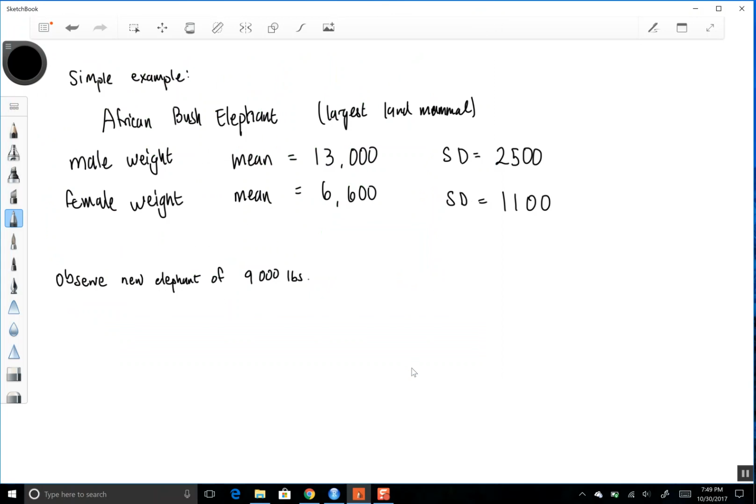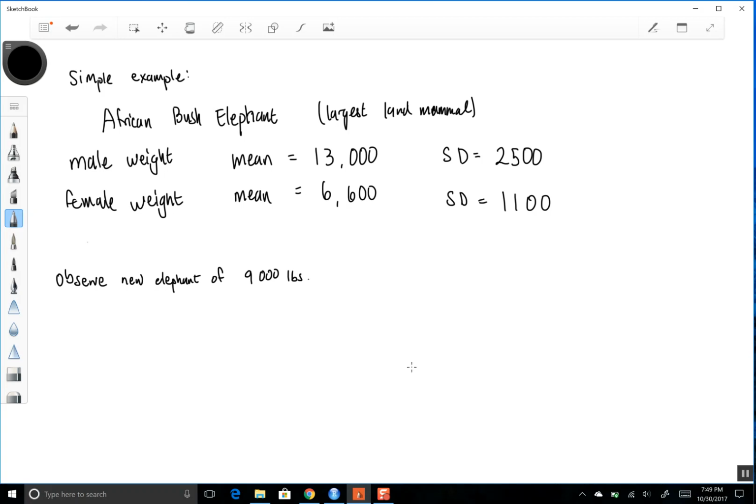Let's talk about this. And let's say, to complicate things, female elephants are way more common than male elephants for whatever reason. Maybe we're in some habitat and they've picked more female elephants for whatever reason.